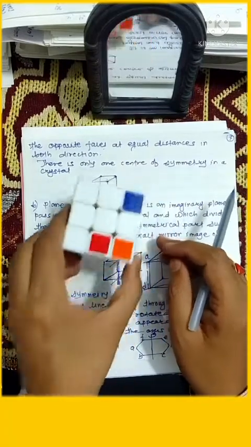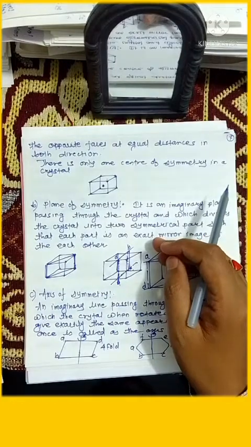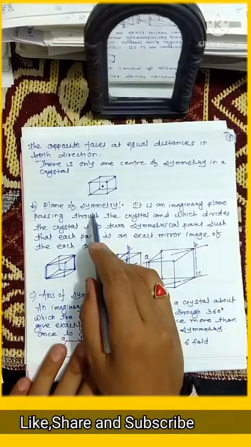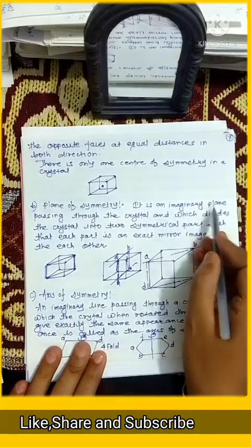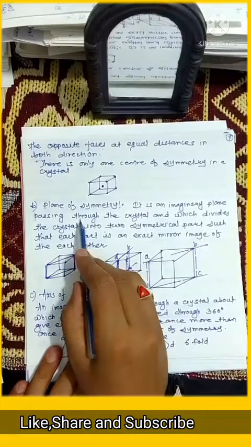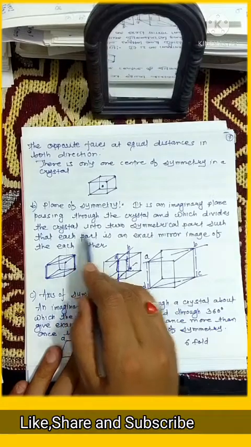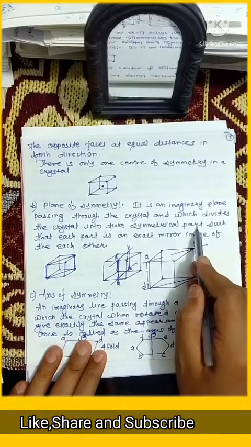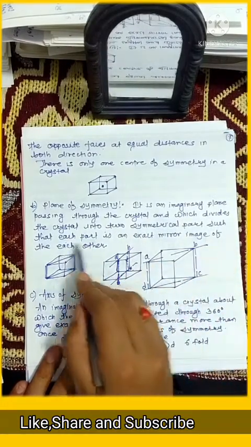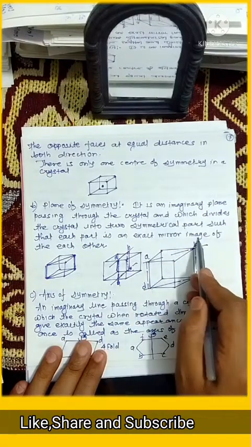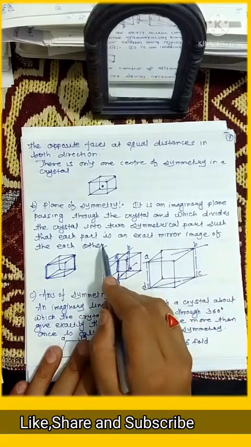Now we are going to see plane of symmetry. It is an imaginary plane passing through the crystal which divides the crystal into two symmetrical parts such that each part is an exact mirror image of the other.